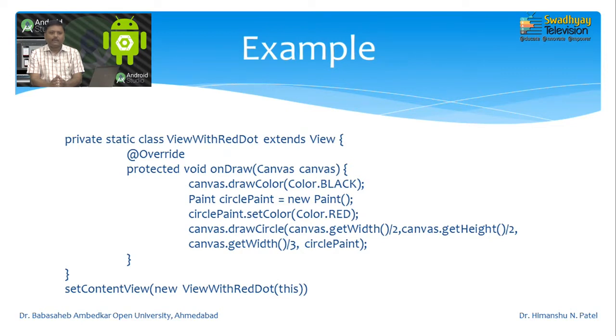Normally we use an XML layout file inside setContentView, but you can also create an instance of this class inside setContentView. So our screen will be filled with the canvas, and inside the canvas we draw a circle of radius one third of the canvas width. This is how we can use Canvas and Paint together to draw something on screen.